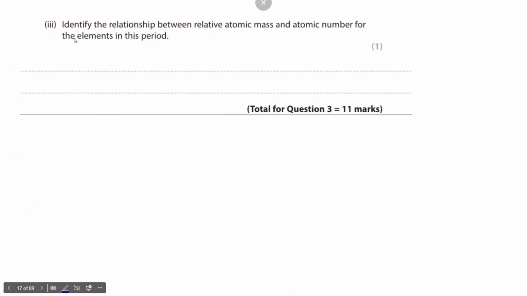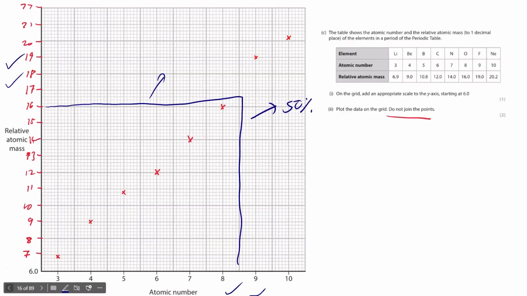In the next question, they are asking to identify the relationship between relative atomic mass and atomic number for the elements in this period. This is one mistake most students make. Remember, they said do not join the points. Why? Because this is not a linear relation. Can you see? It's not a straight line. So you can't say that they are directly proportional to each other. If you get a straight line, then you can say they are directly proportional.